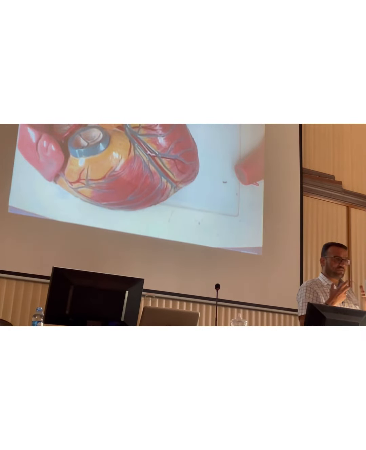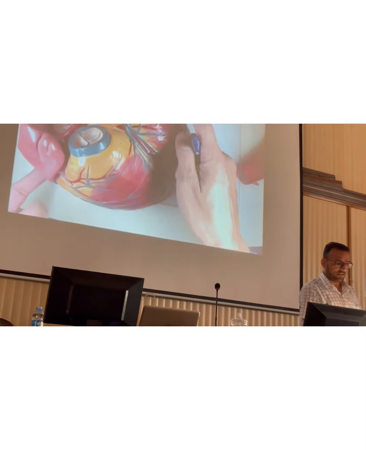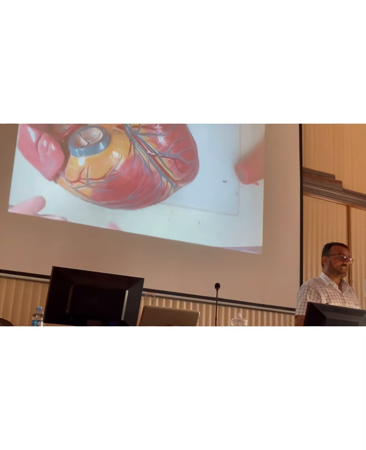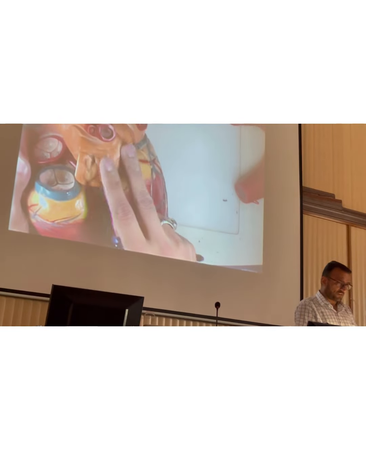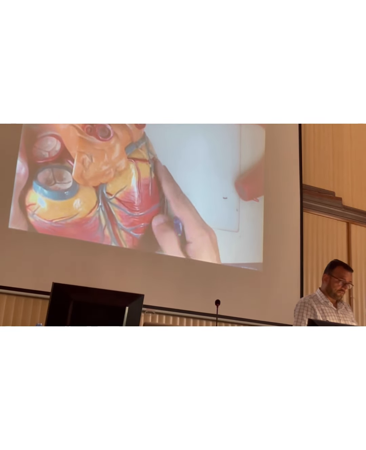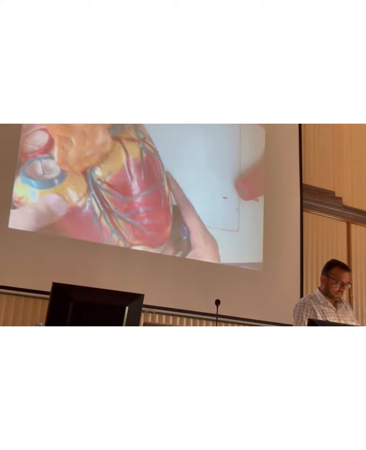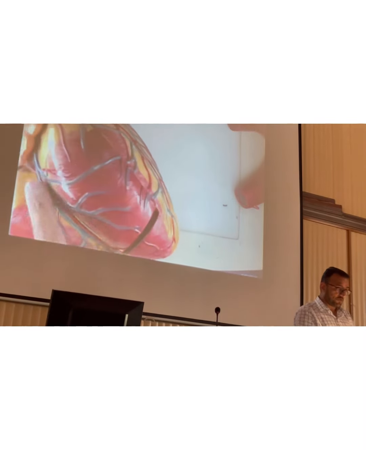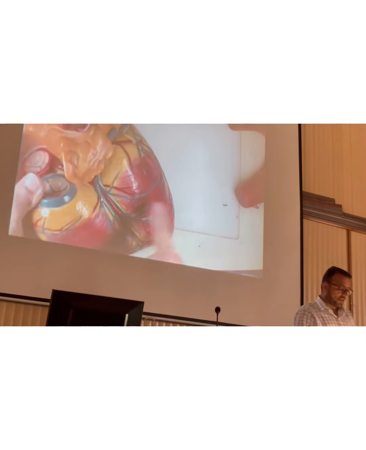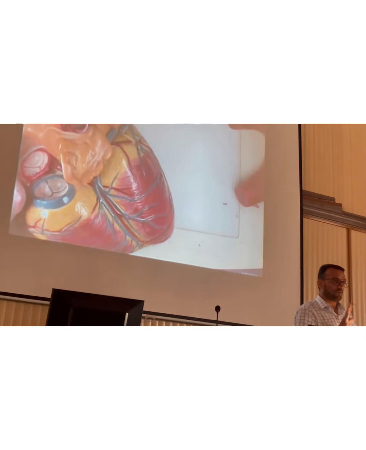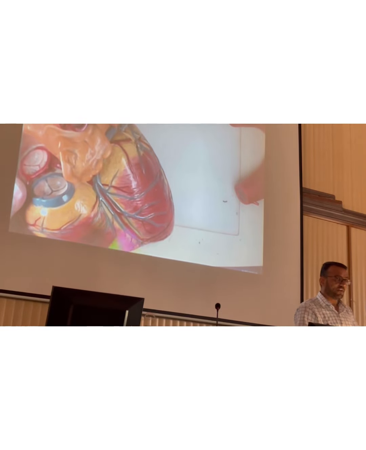The AV node, the atrioventricular node, is supplied by the right coronary in 80% of the circulation, while in 20% it is supplied by the left coronary. The left coronary supplies the left auricle, the left ventricle, and the anterior two-thirds of the interventricular septum. We said SA node in 40% of the population, AV node in 20%. Clear?